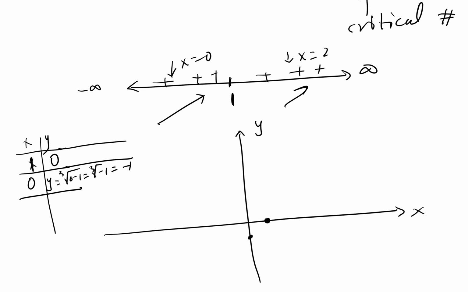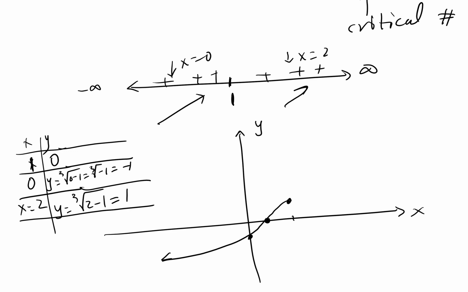So (0, negative 1). If you take x equals 2, y would be the cubic root of 2 minus 1, which is 1. So (2, 1). It's going to go up this way. That's the graph, and remember, it's increasing from left to right.